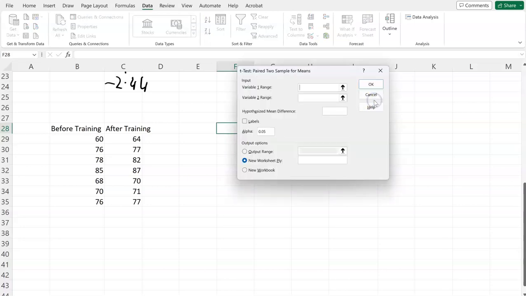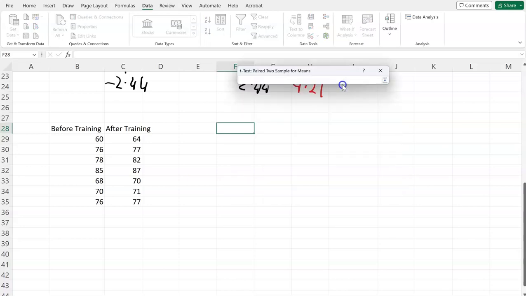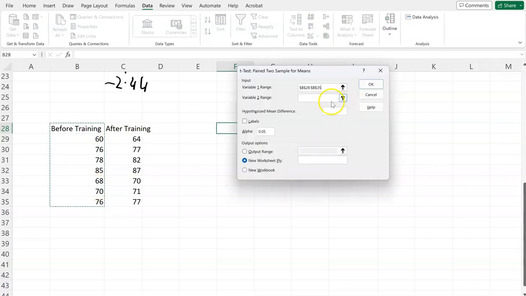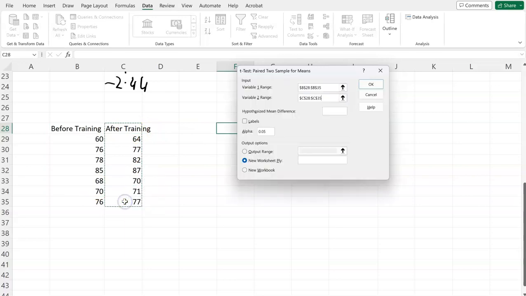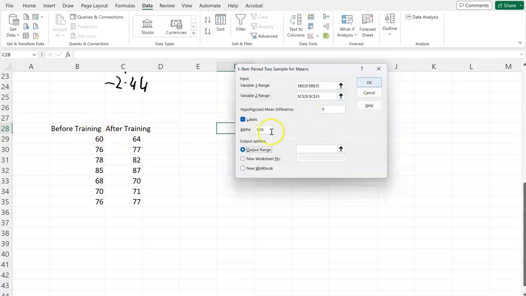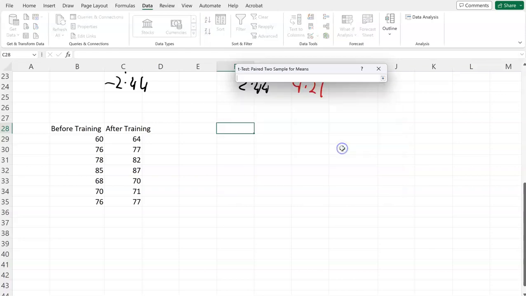I'll click OK, and then I will select before training as my variable 1 and after training as my variable 2. Hypothesized mean difference is 0. I have labels. In this case, variable 1 was before training, and variable 2 is after training.